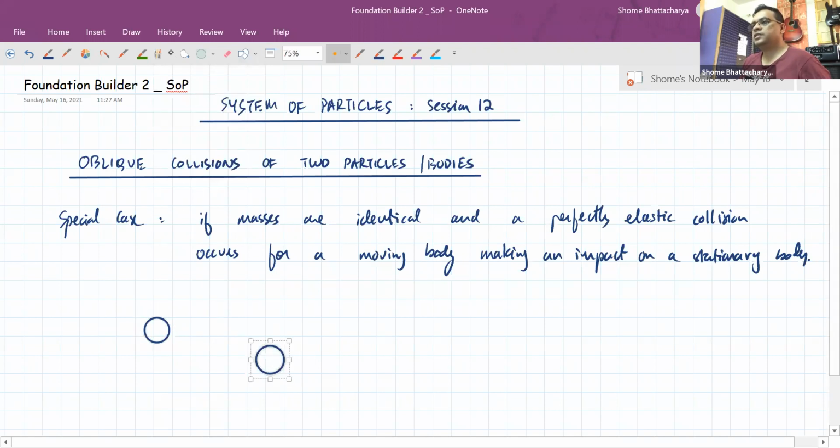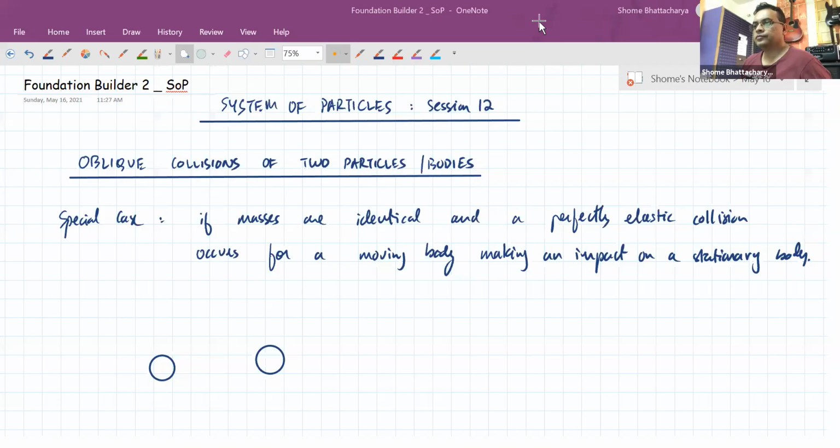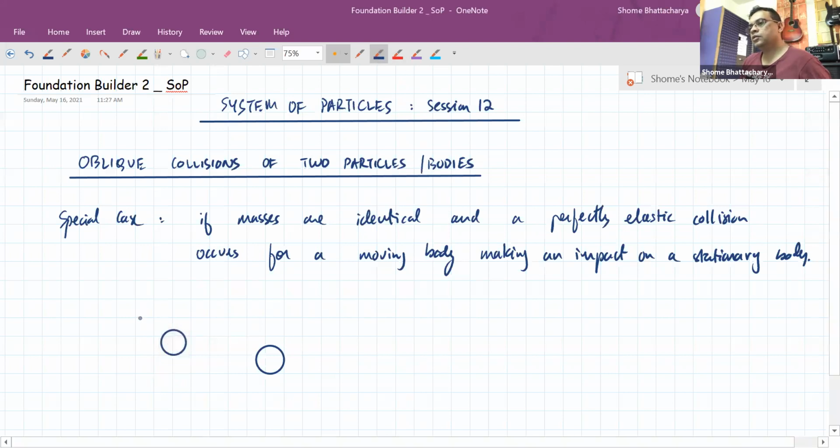So there are two bodies like this, which are of identical mass. Let's say the two bodies here, A and B, are of the same mass, but B is stationary initially and A is moving with a velocity V like this.